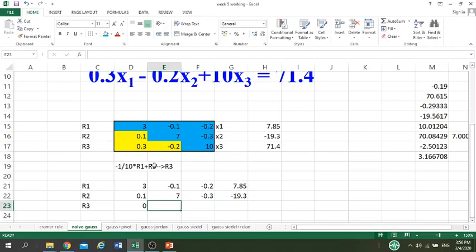So same thing here, so minus 0.1 times minus 1 over 10 plus minus 0.2.